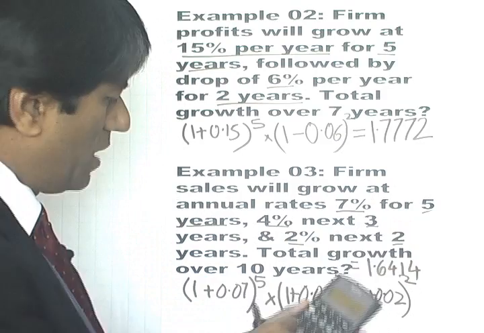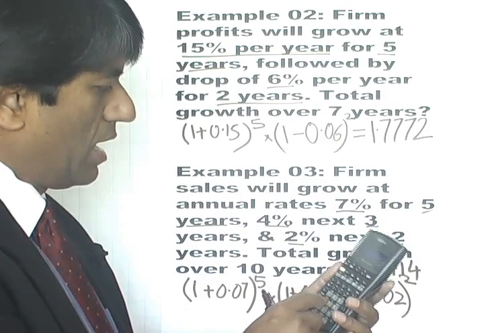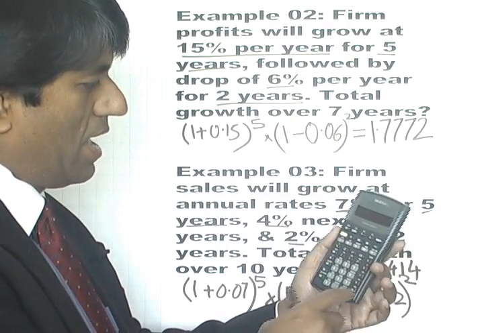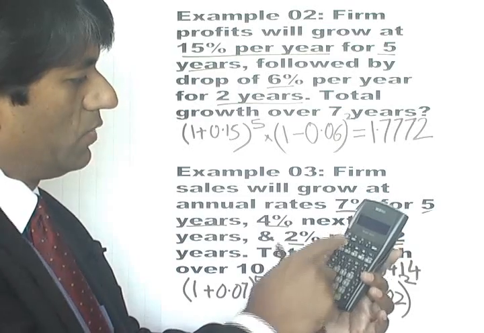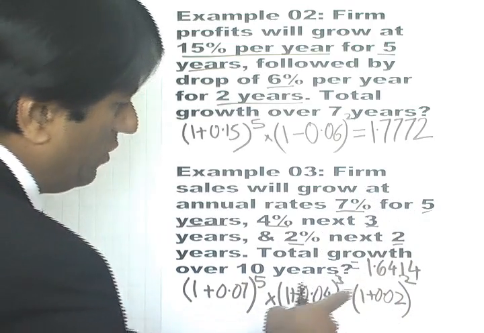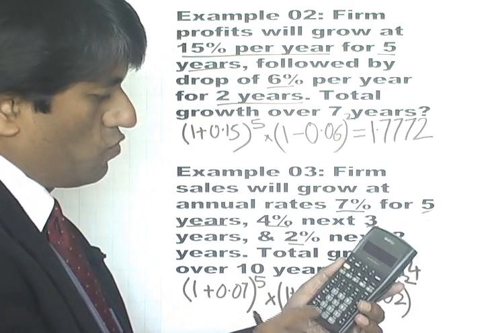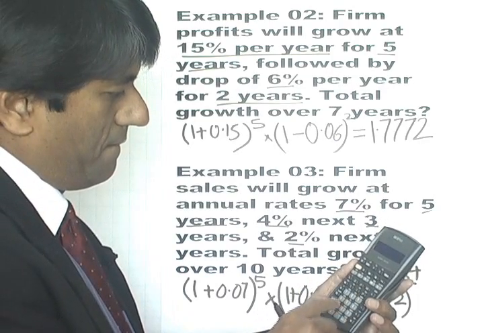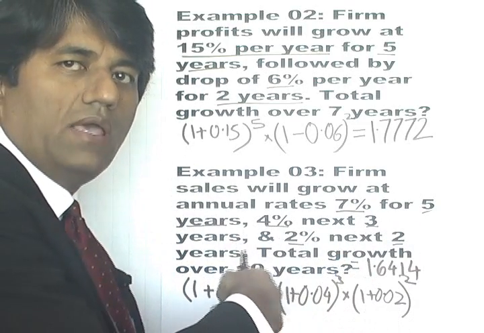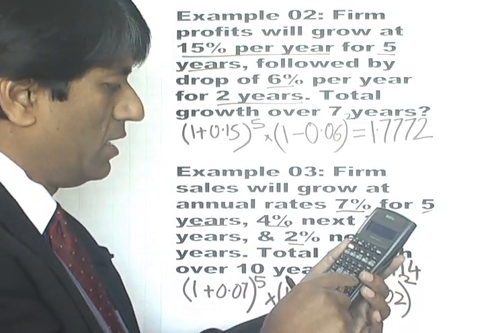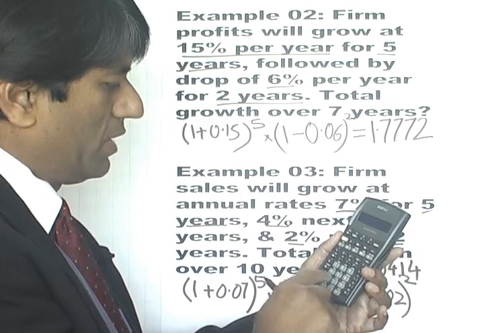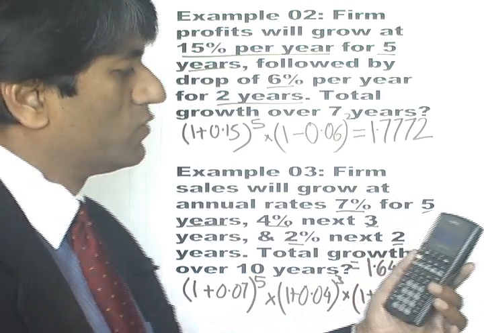Then you next find 1.04 to the power 3, and that equals 1.1248, and that you store in the second register, and then you find 1.02 to the power 2, now this number you multiply by the two numbers stored in the two memory registers. So you multiply it by recall 1, multiply by recall 2, and you get 1.64142.